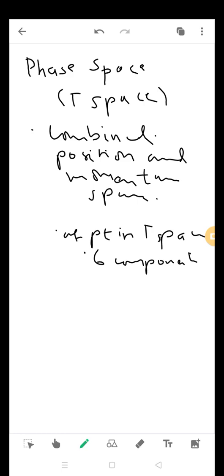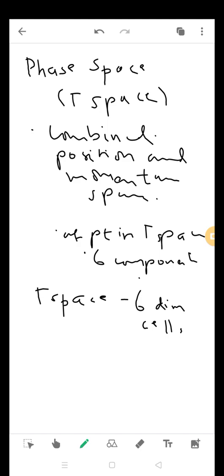And instead of calling it a 6 component, what we do, hypothetically, is divide the phase space into 6 dimensional cells. Since it has 6 dimensions, each point corresponds to a 6-dimensional cell. A 6-dimensional cell cannot exist, but hypothetically it is considered that.